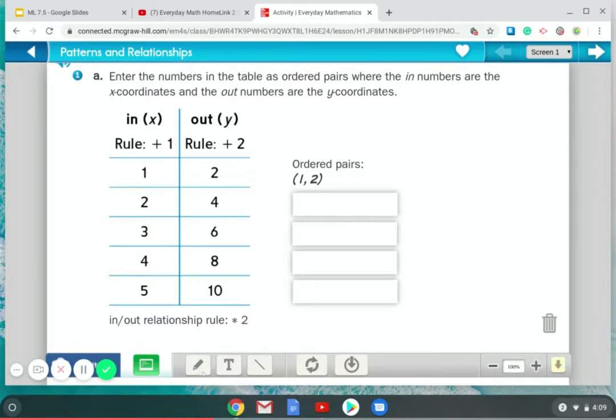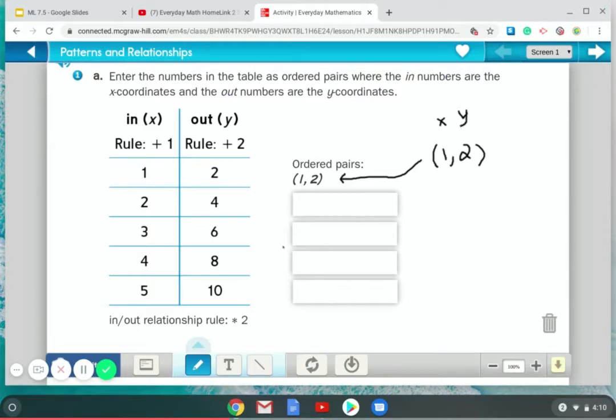If we take a look at the coordinate pair here, 1 and 2, it's really important to know that as the coordinate pair is listed, (1, 2) with parentheses, we acknowledge that the first coordinate, in this case 1, goes on the X axis of the coordinate grid, and the 2, the second number of the ordered pair, is on the Y axis of your coordinate grid.